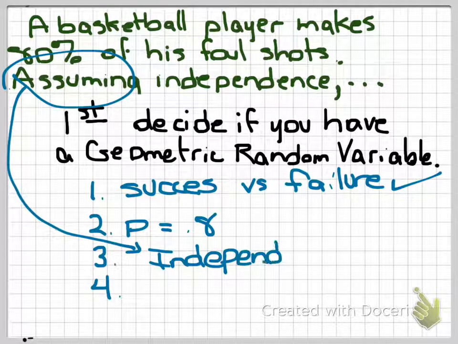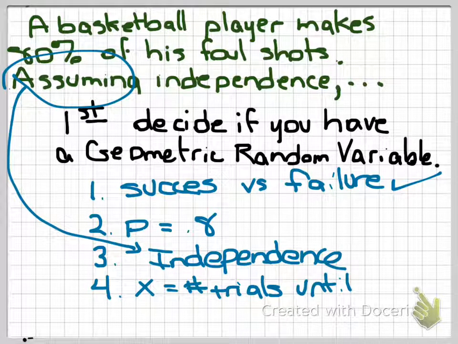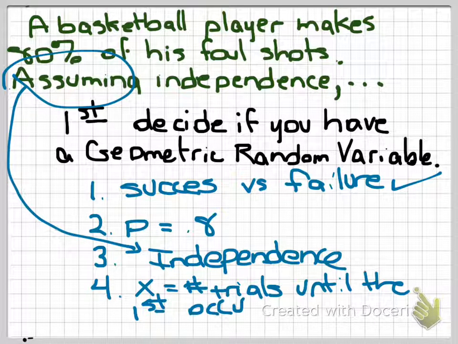So finally, we just need to check the last thing, and we need to know, is x the number of trials until the first success? And in our examples, that's exactly what we have. First success. I got carried away. Okay, moving on.